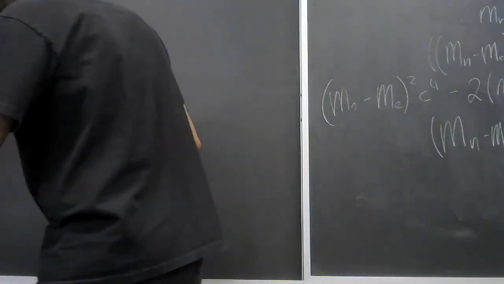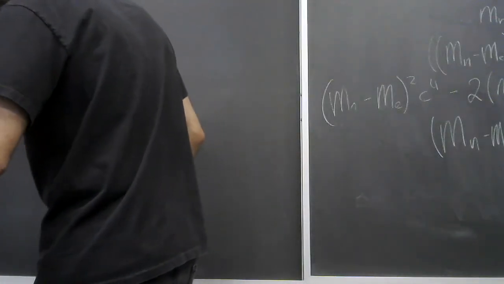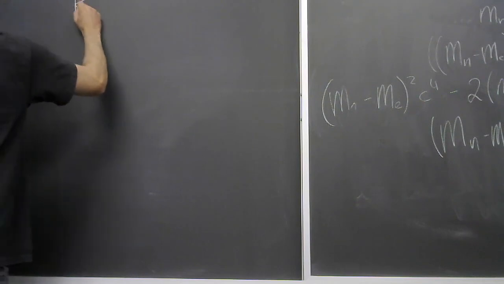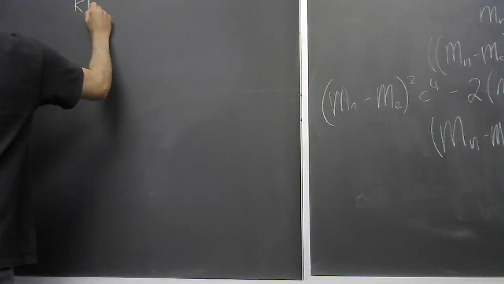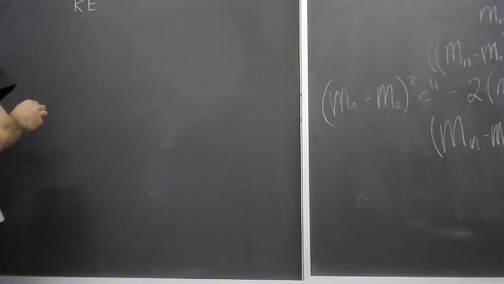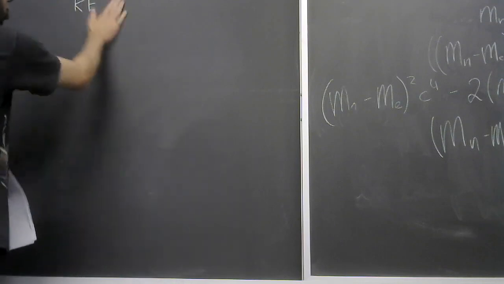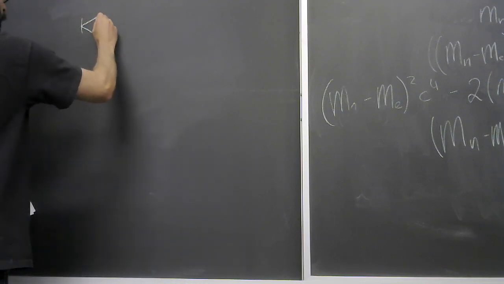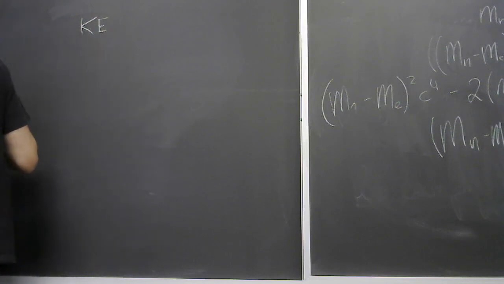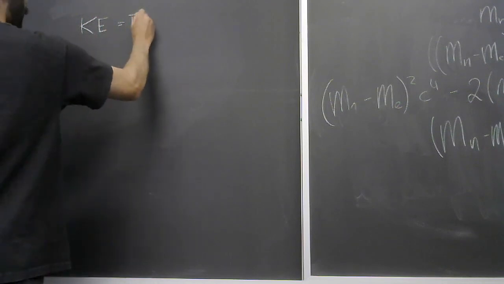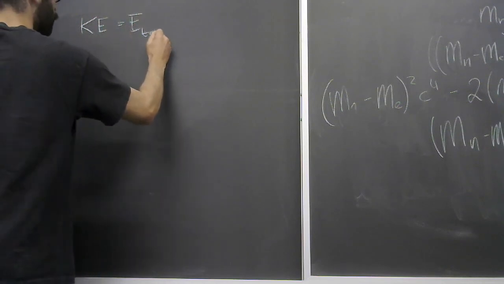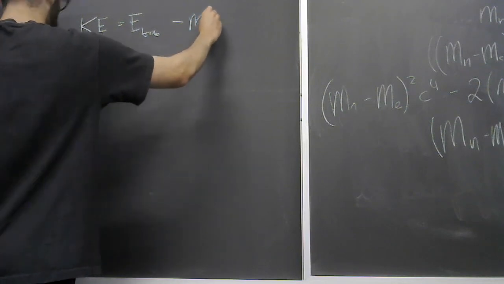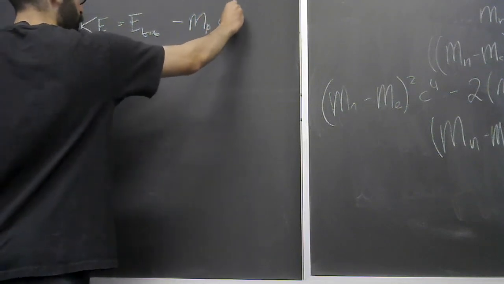All right, so now this is going to be part C here. We're going to say the relativistic kinetic energy, KE, equals, like I said, the total energy, minus the rest mass energy, which in this case is the mass of a proton times c squared.